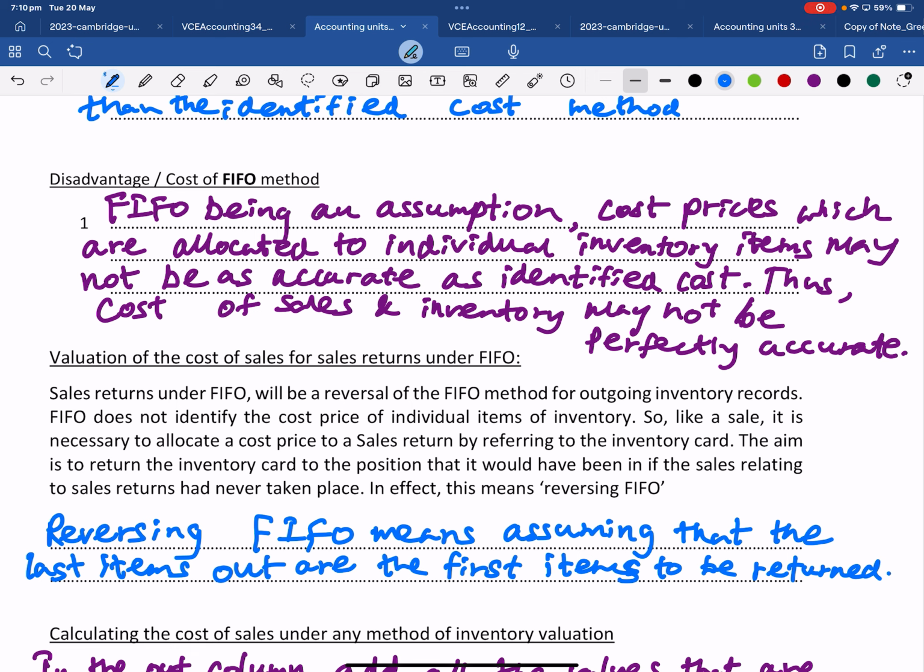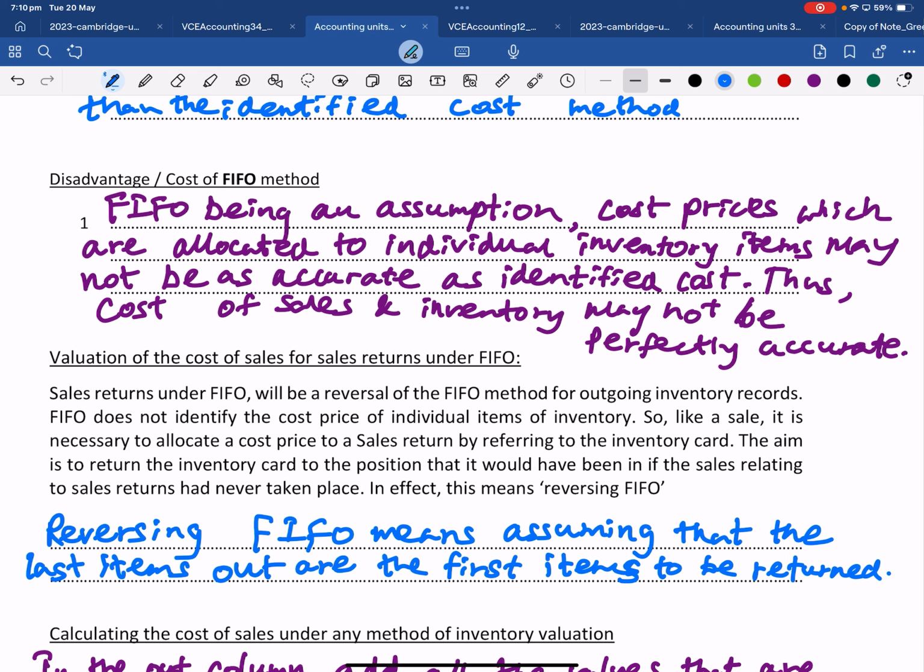I haven't seen them asking about the cost of FIFO, but I put it in case it comes up, even though the textbook doesn't have it. In case it comes, you can write it.